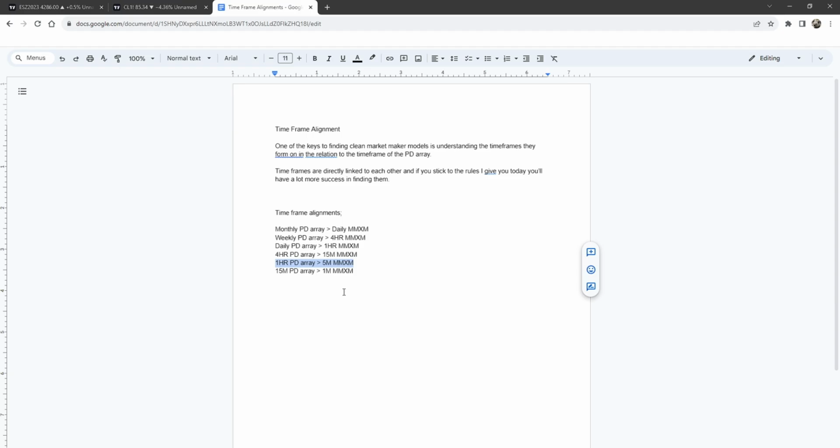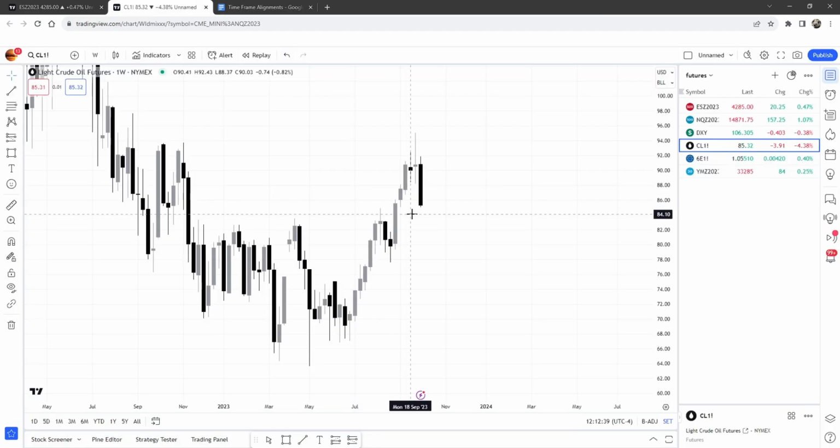We are going to go over to the crude oil chart, CL, right? And we'll take a look at our first time frame alignment. So we'll do one higher time frame, and then we'll do the time frame that we actually execute on.